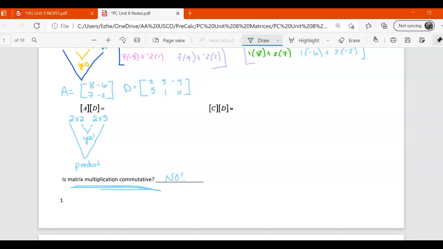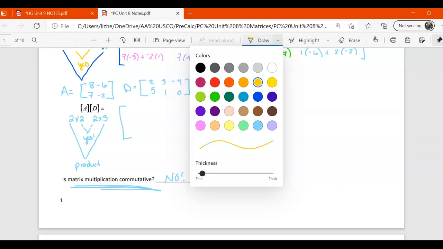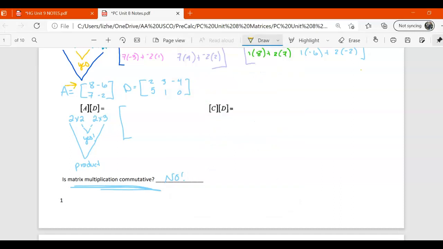We're going to do top row, first column. So I have 8 times 2 plus negative 6 times 5. Okay? And then I'm going to do top row times second column.